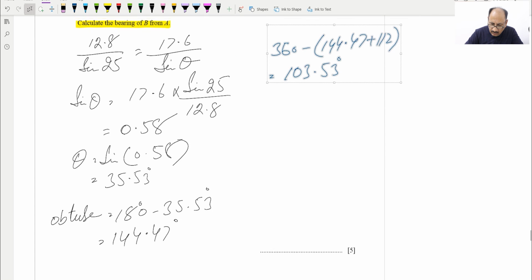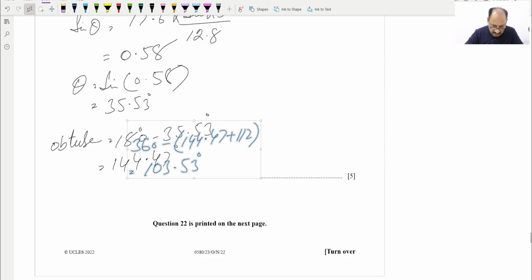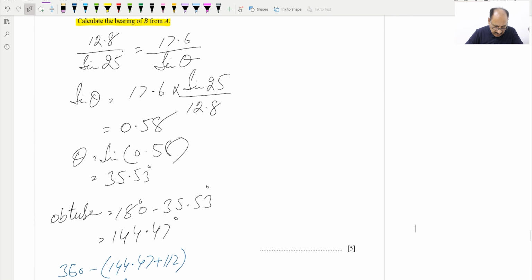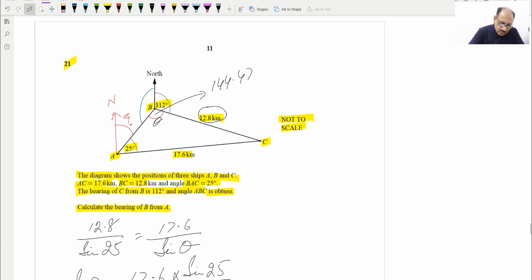I will move this over here, which is working place. So this angle is 103.53, and now 180 minus this angle will be same as this one. If I draw the line here, so this angle will be equal to this angle.